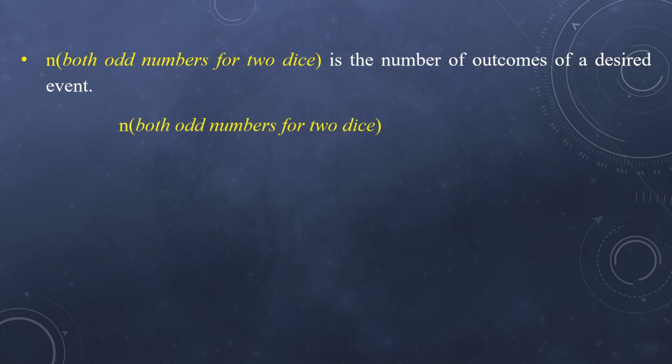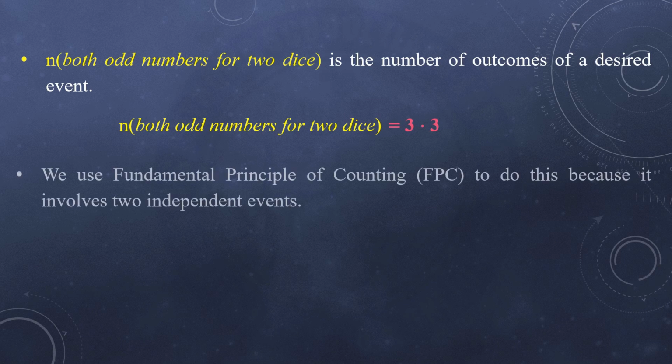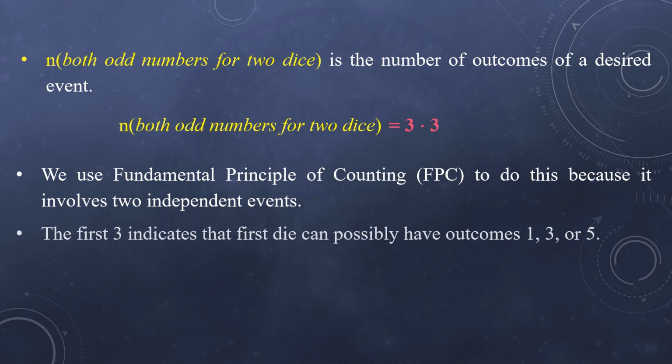So, here is the solution. We have 3 times 3. We use the fundamental principle of counting, or FPC, here because it involves 2 independent events.